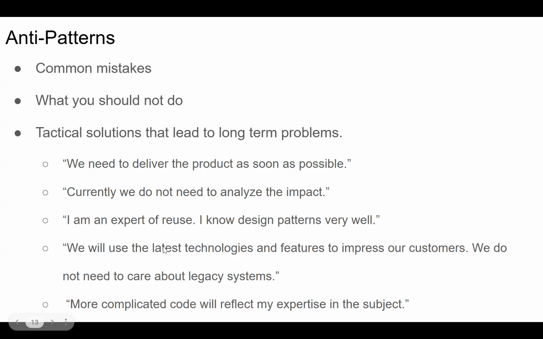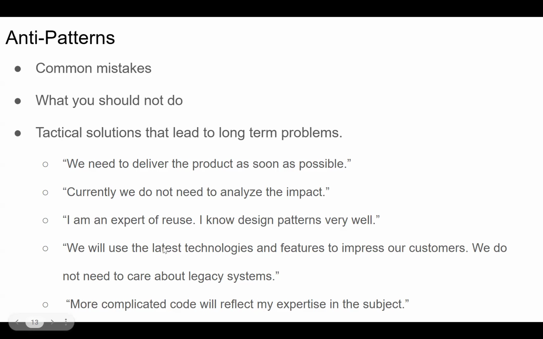You can't analyze the issue, so you do a very tactical solution. We need to deliver the product as soon as possible, so we don't look at the long-term solutions. So those are anti-patterns. But in practical situations, we have to do tactical solutions as well.